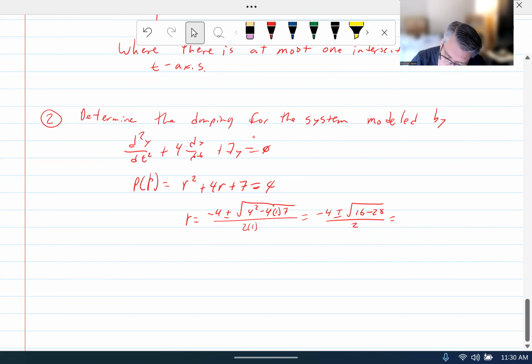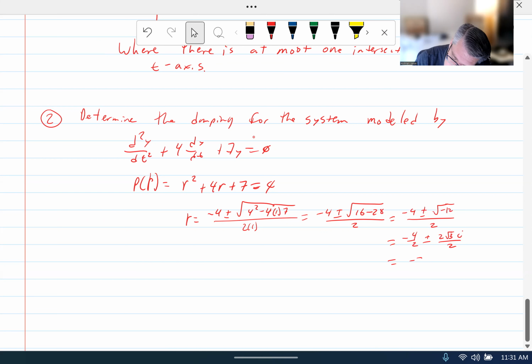16 minus 28 is negative 12, so that's the square root of negative 12 over 2. So this becomes negative 4 over 2 plus or minus 2 times radical 3 i over 2.